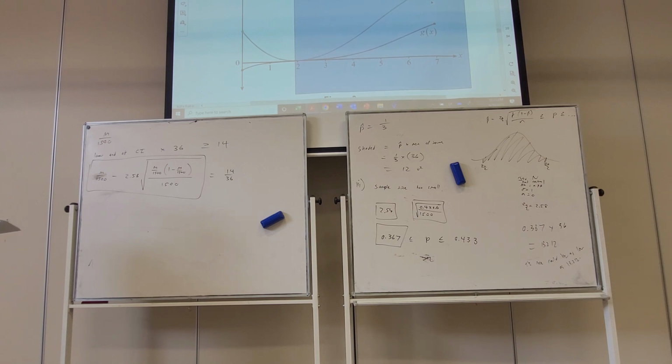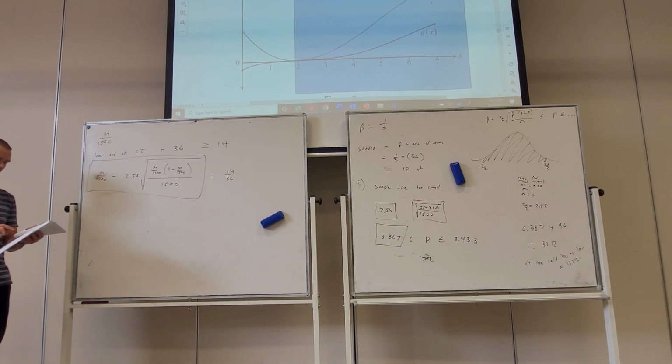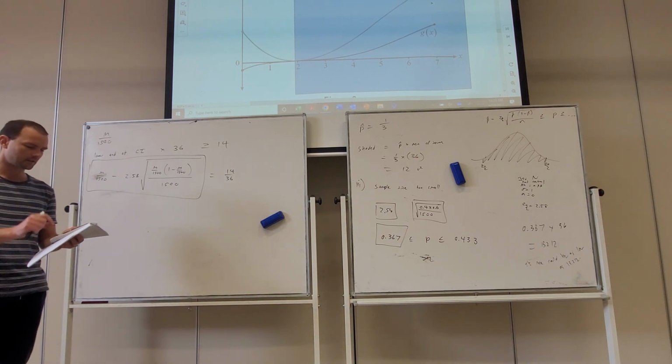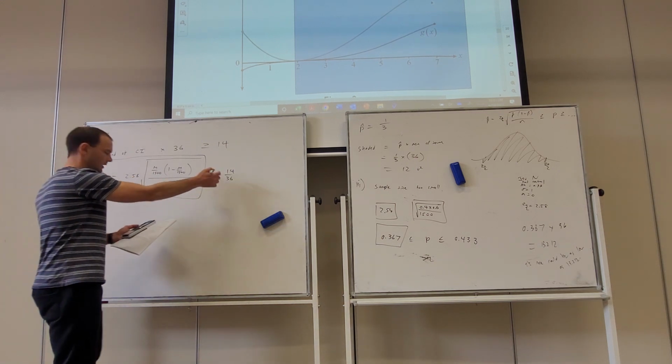At the top we've got x on 1500 times 1 take x on 1500. It's a massive thing, divided by 1500. When I'm thinking about my V-Window, possible x values go anywhere from 0 to 1500, but for my y values I don't need to consider very many of them, because it's a proportion, it's between 0 and 1.